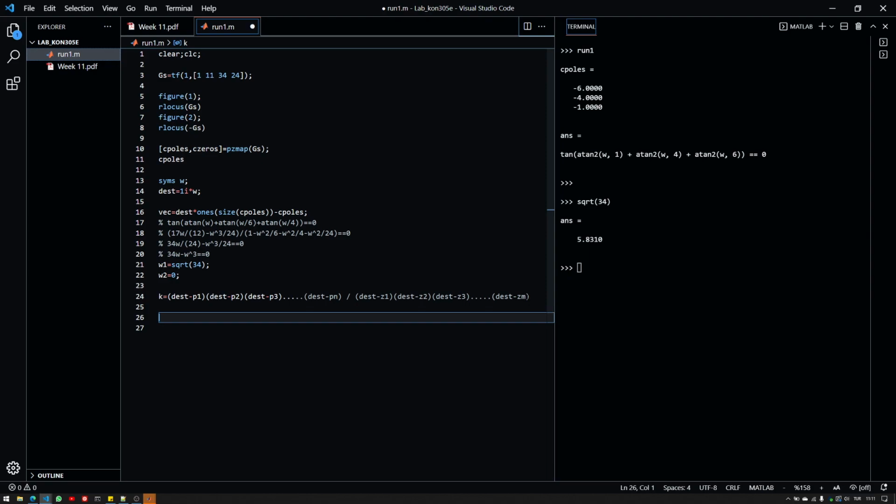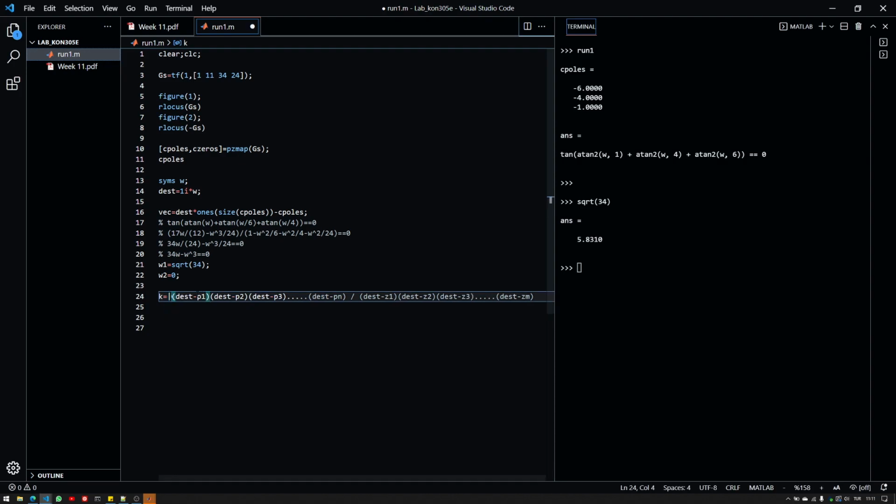It doesn't have to be n. M is less than or equal to n, basically, in this case, to have at least proper transfer functions. So, if we take again the distance, and of course these are moduli, by the way.